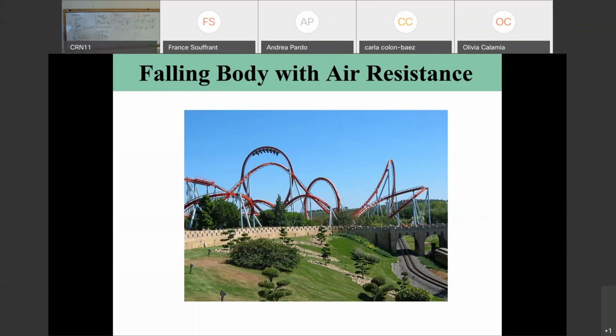But that loop that you are seeing there, the way you build a loop like that in a roller coaster is by measuring not just the energy conservation, which you probably have heard before, but also the amount of friction and how wide the loop can be depending on the centripetal force that you want the people to experience. So that force that you feel when your stomach is going up in a roller coaster, when you go down or in a loop, is due to centripetal force.